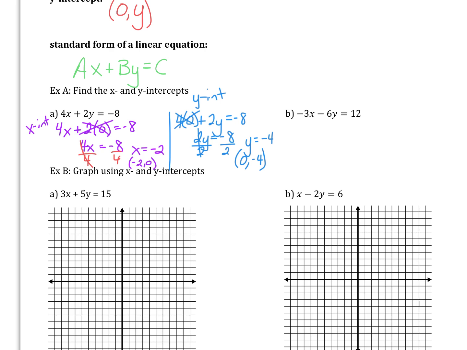So if I make the y go away, I just quickly get -3x equals 12. I divide, and you guys can do that in your head. So you get -4 for my x-intercept. Then we make the x disappear, so I get -6y equals 12.